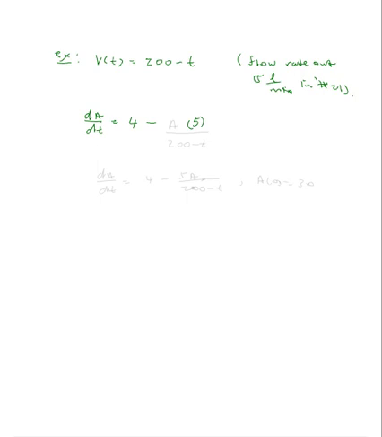The concentration at time t is the amount of salt at time t, that's A, divided by the volume at time t, which is now 200 minus t. So the differential equation becomes dA/dt equals 4 minus 5A over 200 minus t. And the initial condition is still A of 0 equals 30.